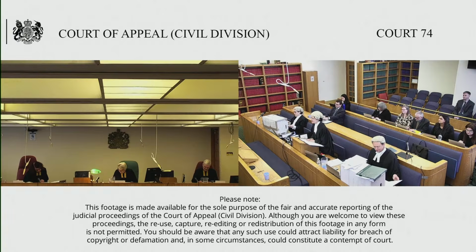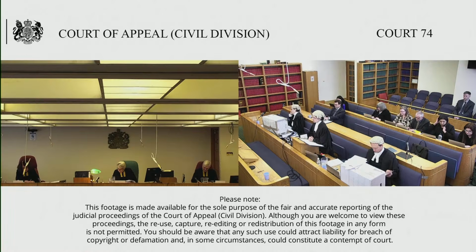My short submission on Eversden is it does not help this court when construing section 102 subsection 1, because by the time that case reached the Court of Appeal, it was common ground that there was a disposal by way of gift. It was also common ground that that disposal was an exempt transfer from wife to husband.